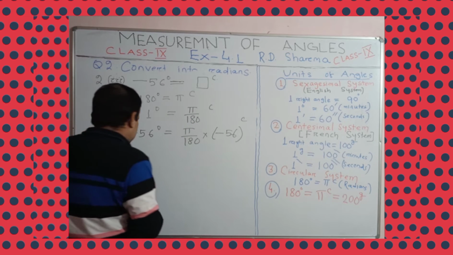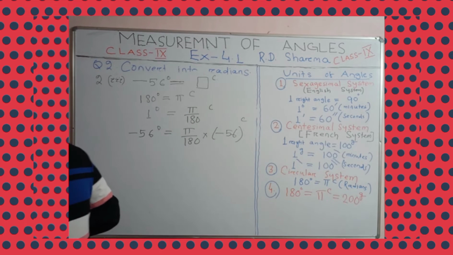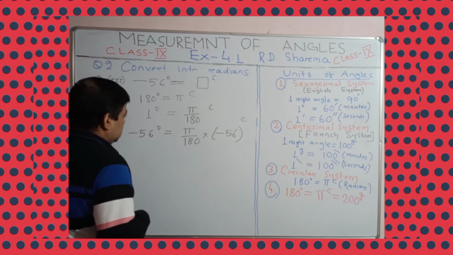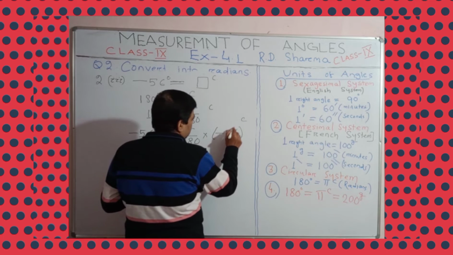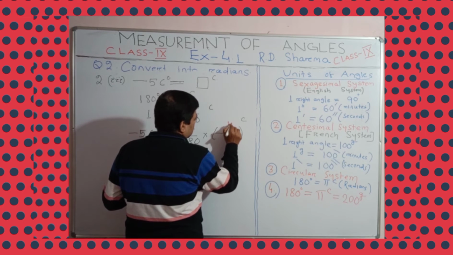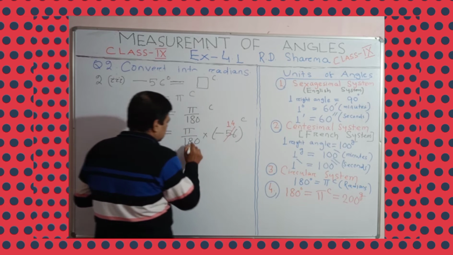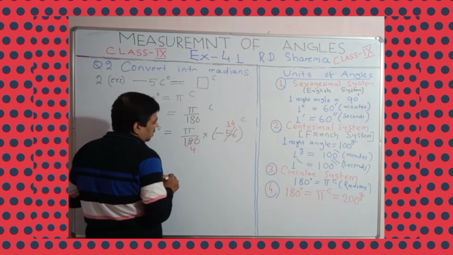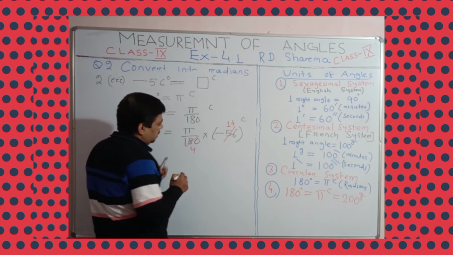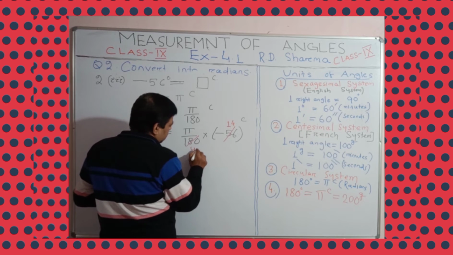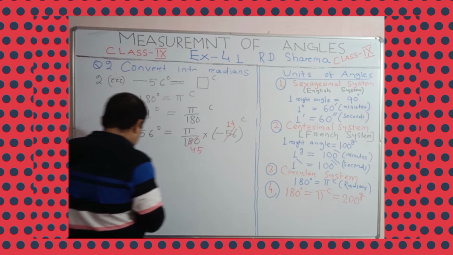Then you can cancel here. You can cancel 56 by 4: 4 1 is 4, 4 4 is 16. Here 4 4 is 16. So 18 minus 16 is 2, 20. 4 5 is 20. Understand?